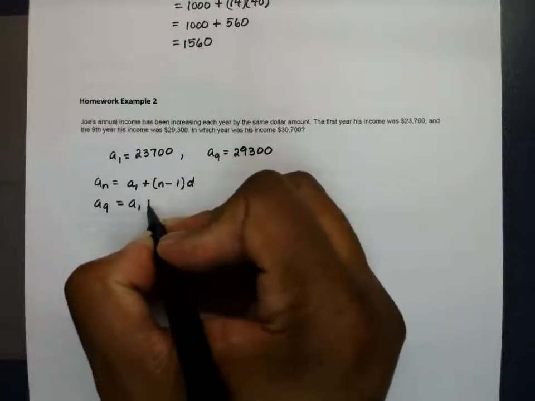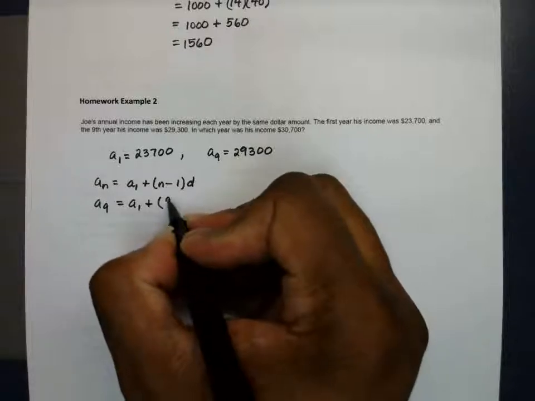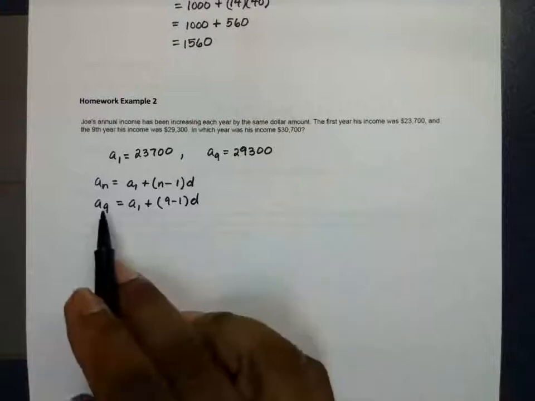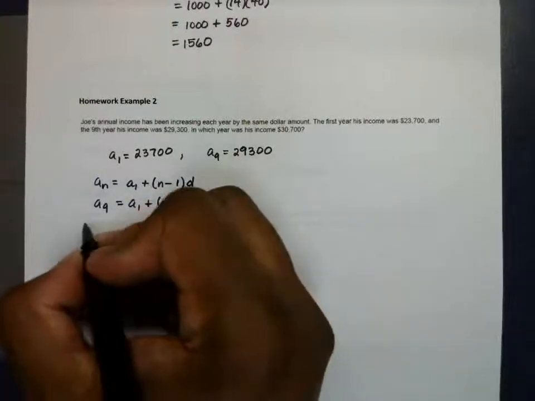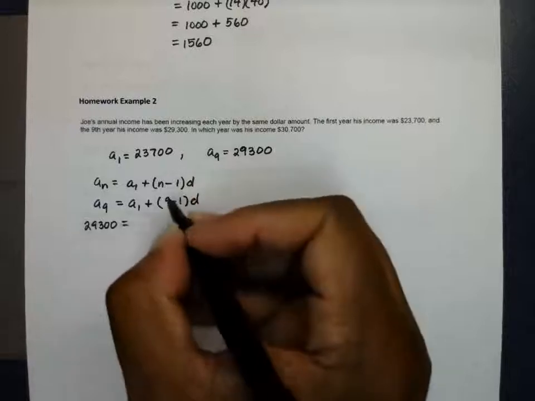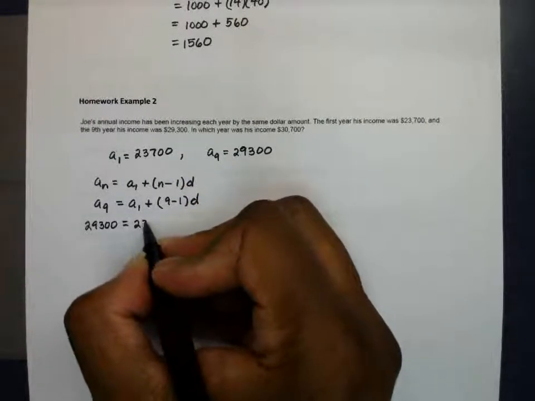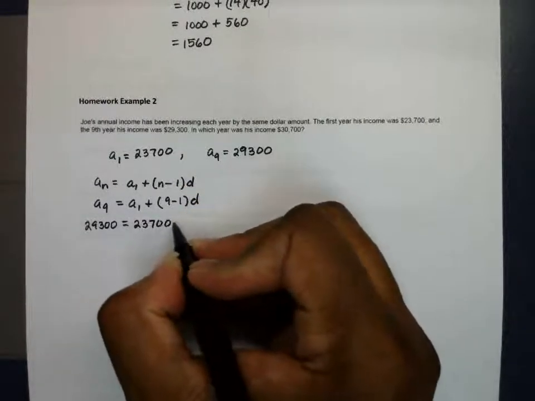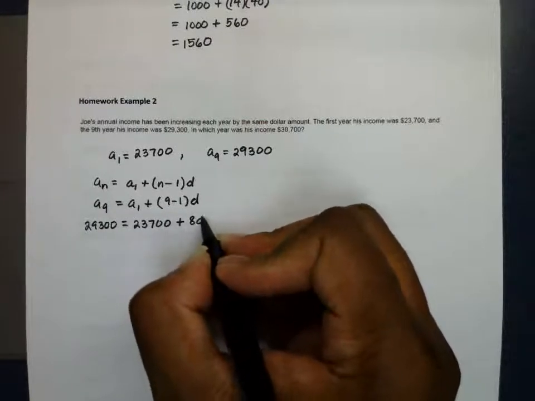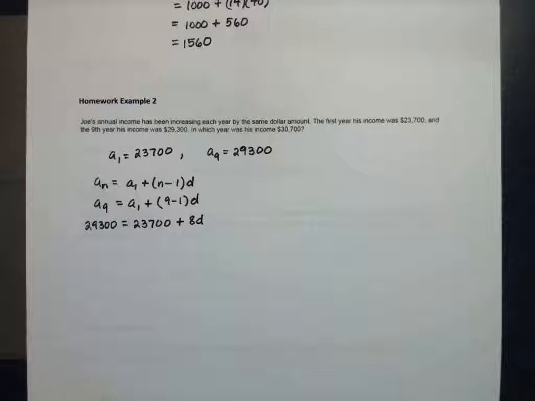That would be A sub 1 plus, let's see, n is 9 minus 1 times d. A sub 9, that's $29,300. And that's equal to A sub 1, which was $23,700, plus, if I do 9 minus 1, that would be 8 times d.